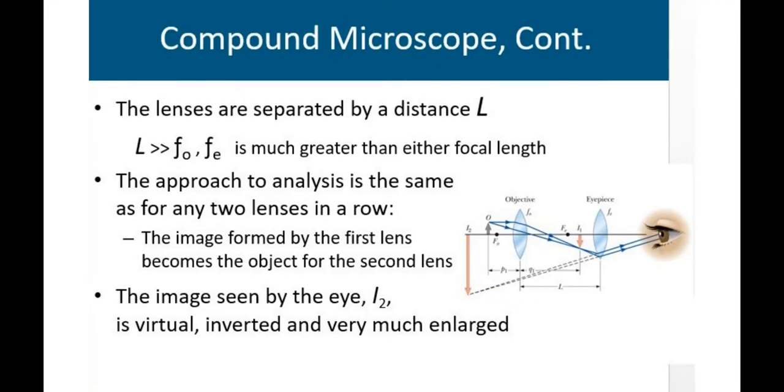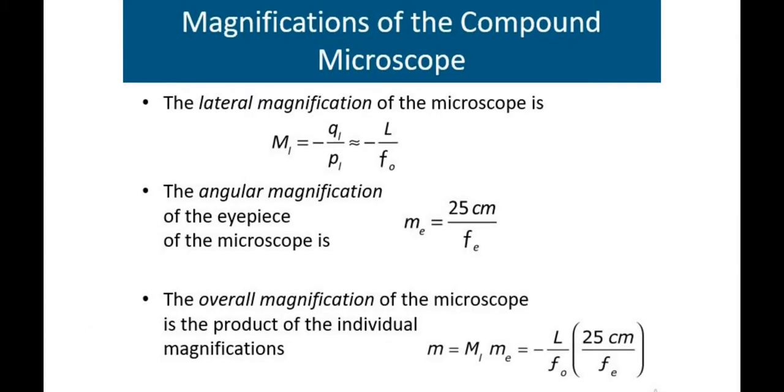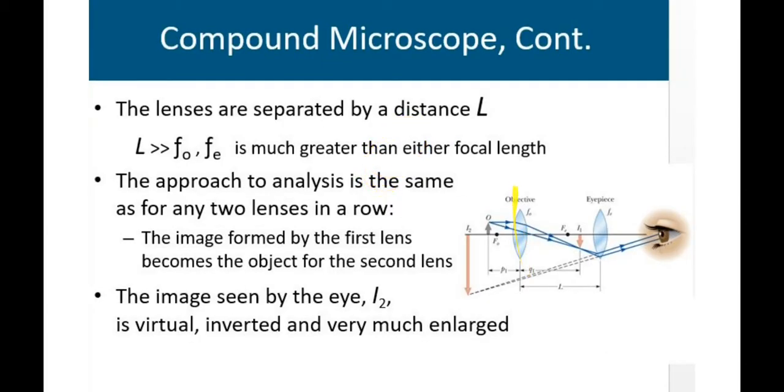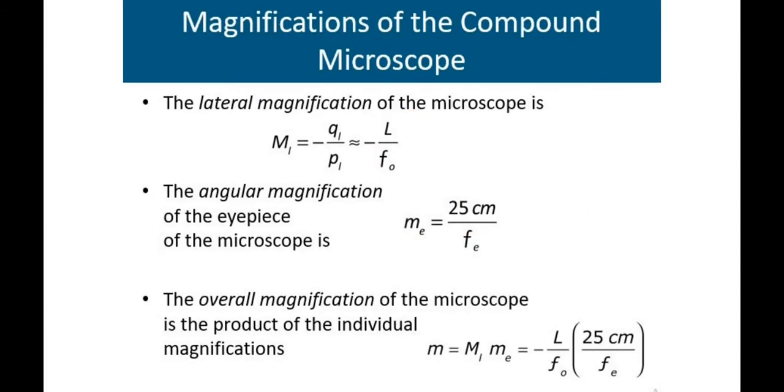FE is the focal length of the eyepiece, and FO is the focal length of the objective lens. Here the objective lens, here the eyepiece. So you see, O means objective lens, E means eyepiece.